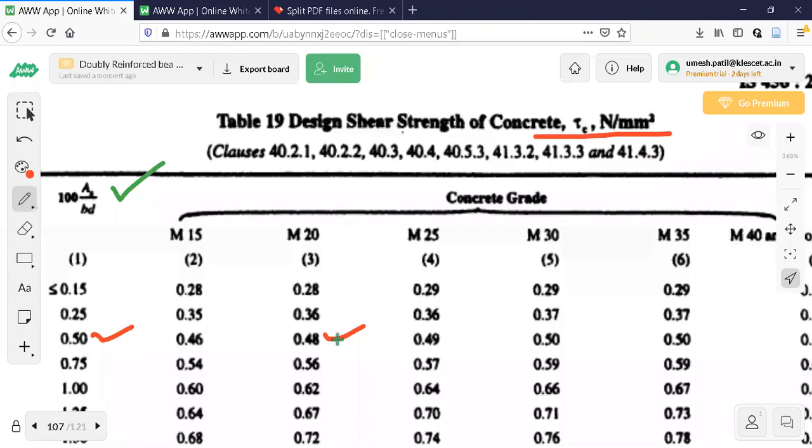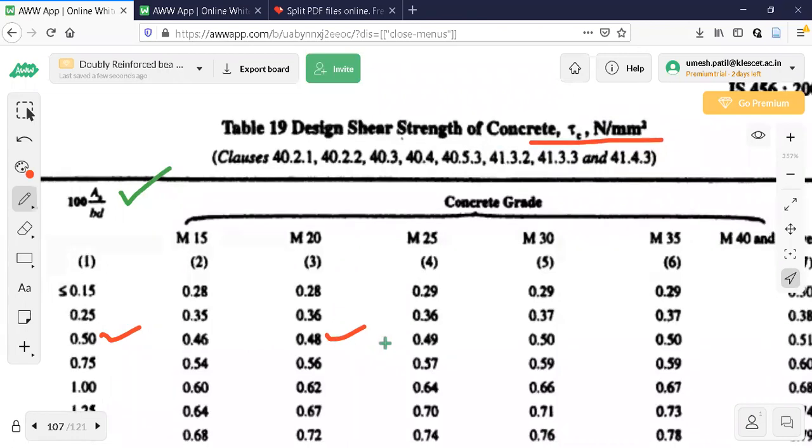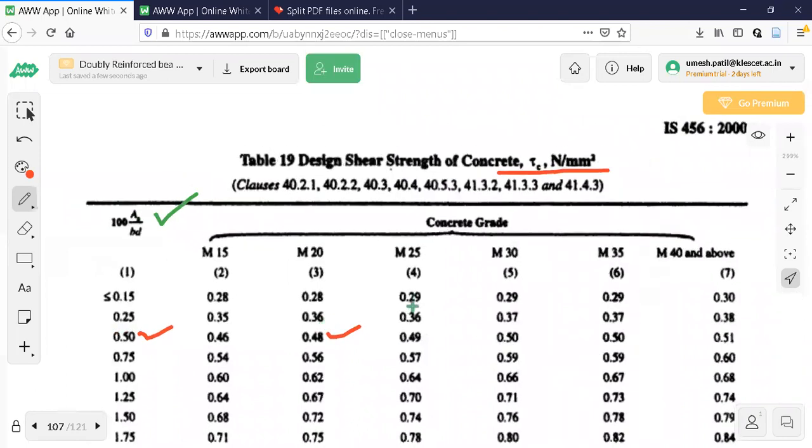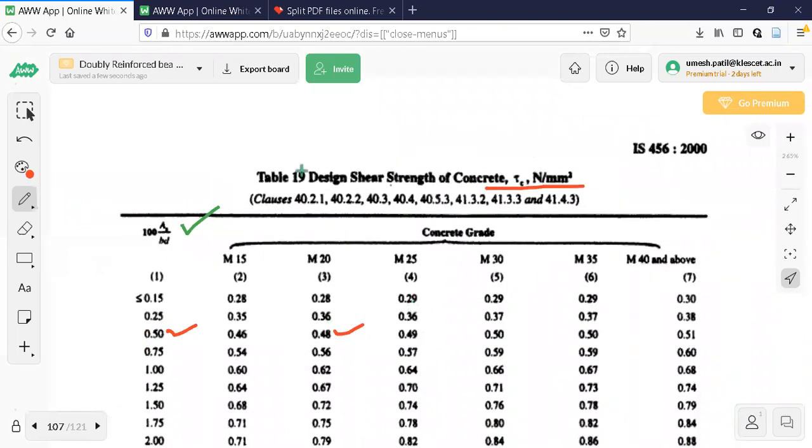This into cross-sectional area. Stress into area will give you the force value. So stress is 0.48 into the cross-sectional area, 230 into 450, for example. That will give you the VUC in Newton. Divided by 1000, it will be in kilonewton. That I will show you here.